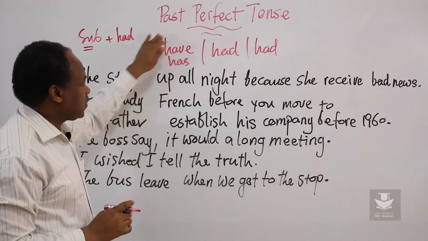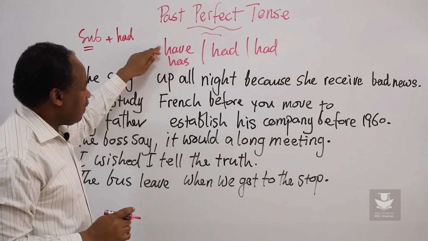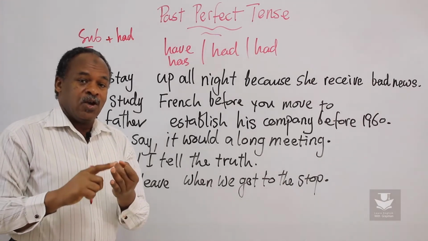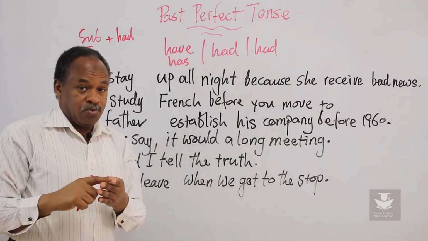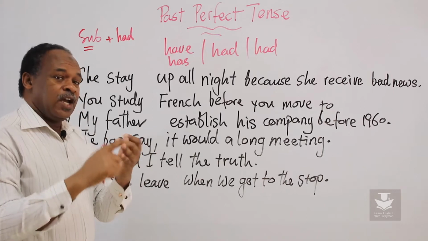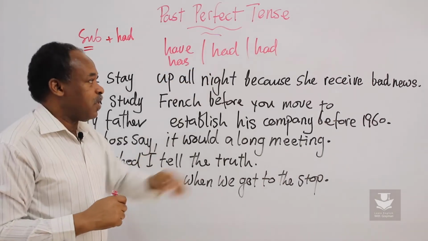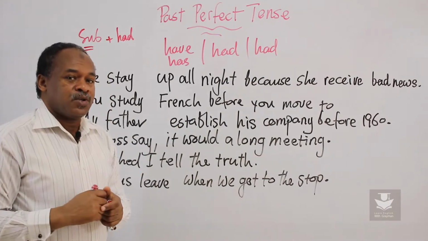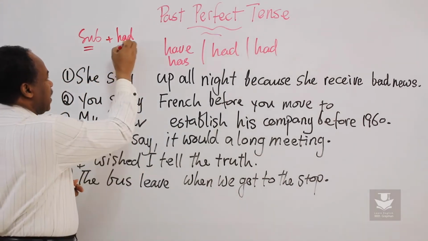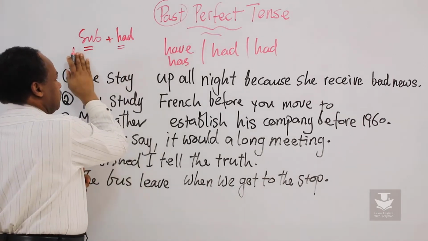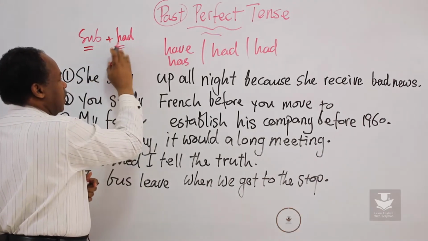So we have the infinitive, have, with I, we, they, and you. With she, he, and it, we use has. Then we have had as the past, and this is the past participle. So we need the past here because we say past perfect. Subject plus past, okay?